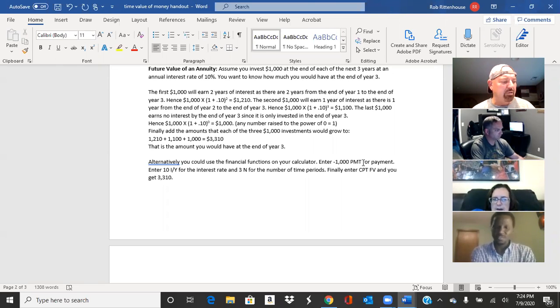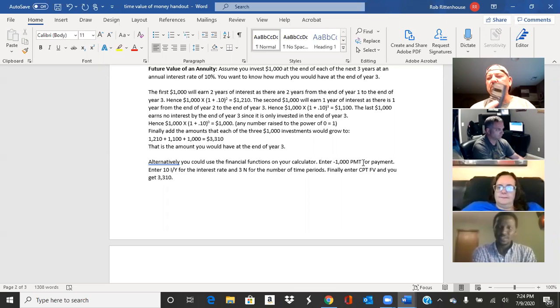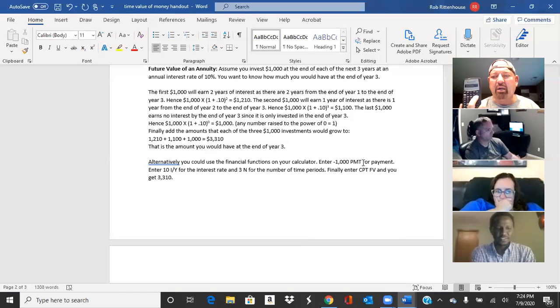I would say try to clear the calculator again. Second, and remember the clear time value money is the third button down on the right-hand column.